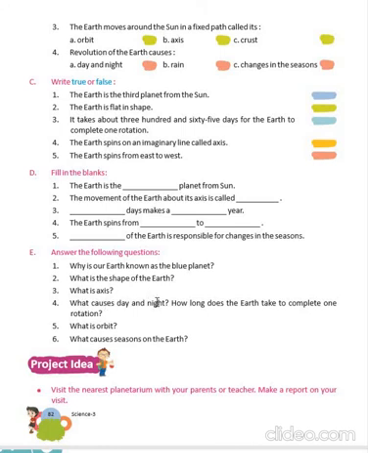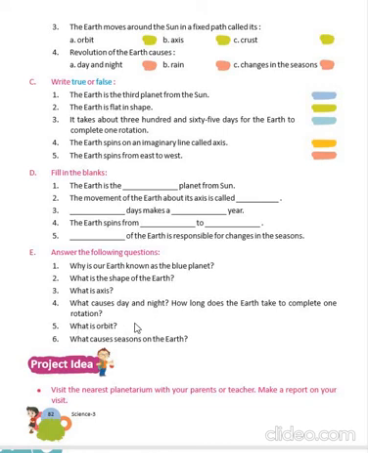What causes day and night? How long does the Earth take to complete one rotation? The rotation of the Earth is responsible for the formation of day and night. Our Earth spins from west to east. It takes about 24 hours to complete one rotation.